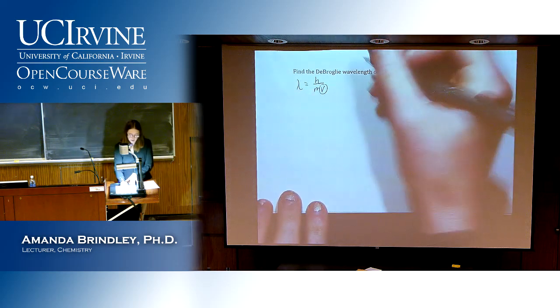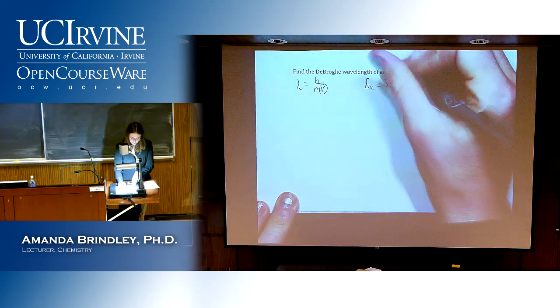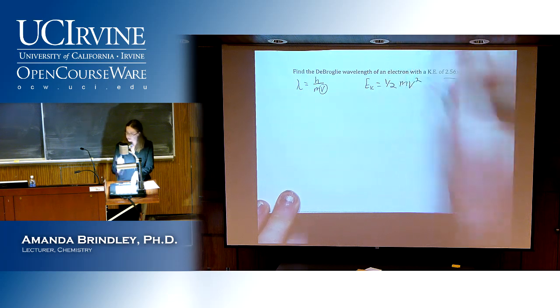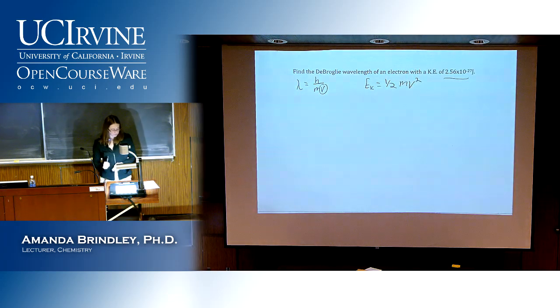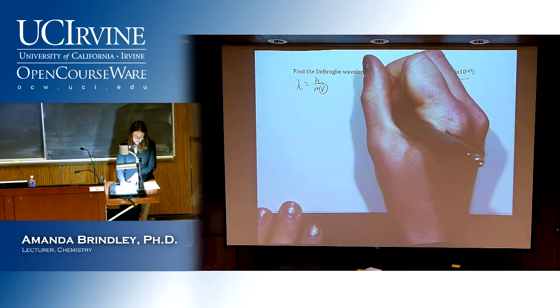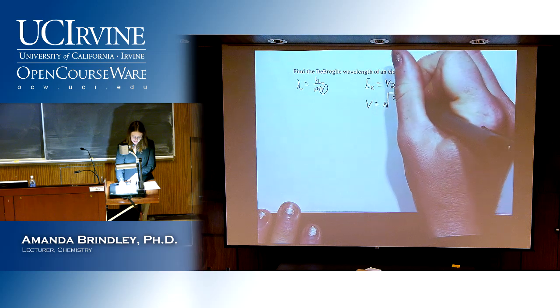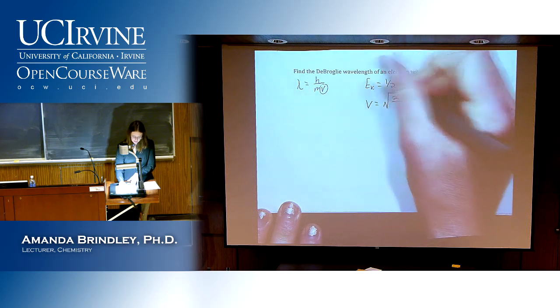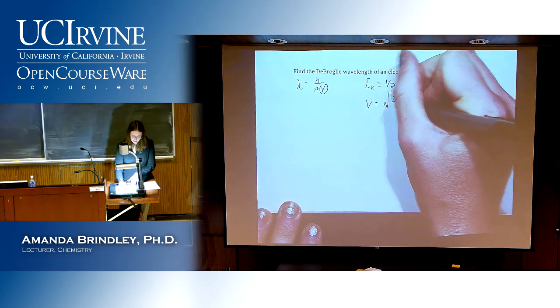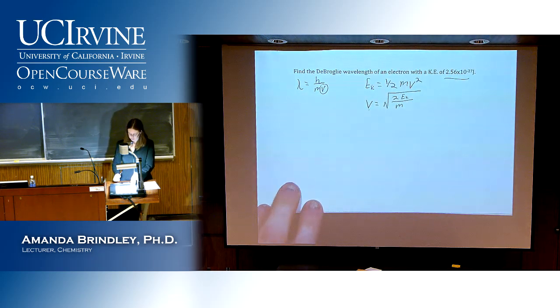Well, we know that kinetic energy is equal to 1/2 mv squared. So when we go through and solve for velocity, it's the square root of 2 times the kinetic energy, so multiply that up, divide by the mass, take the square root.